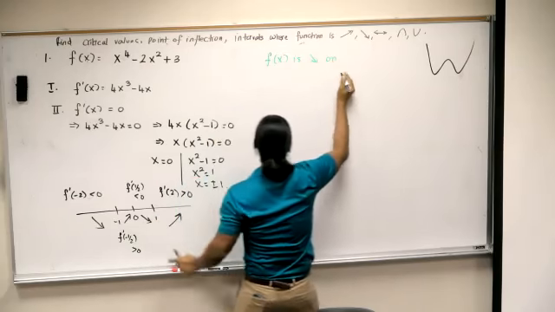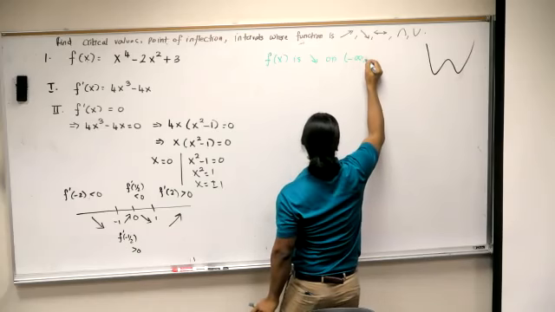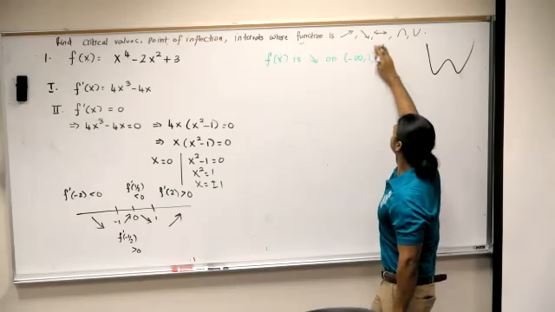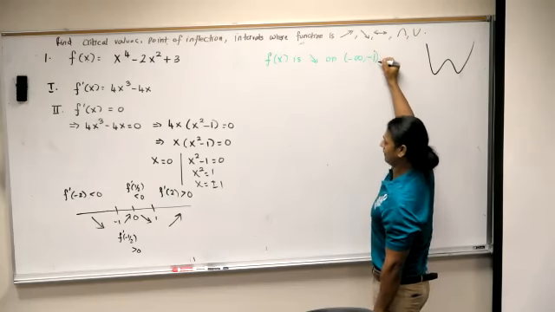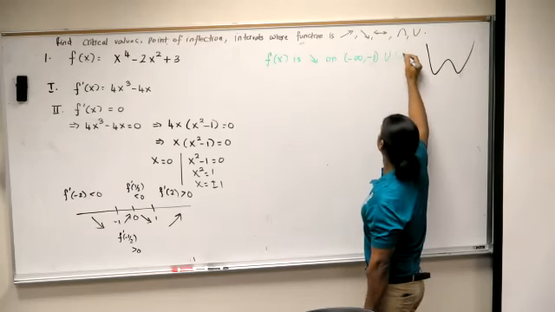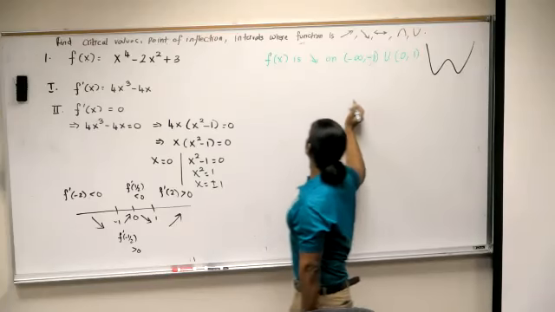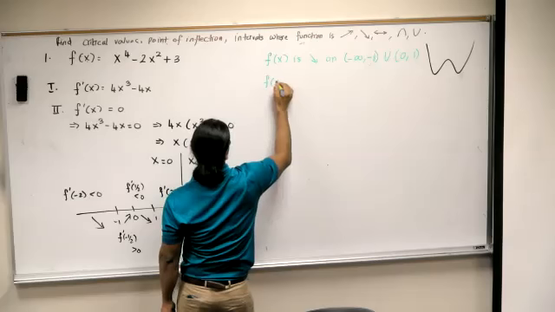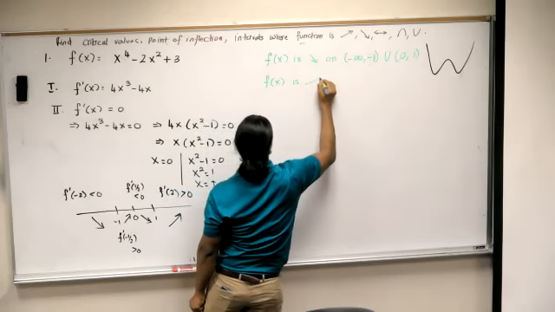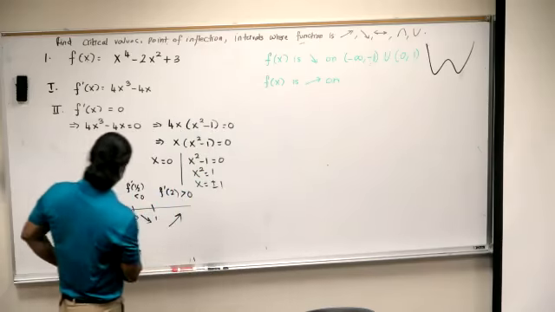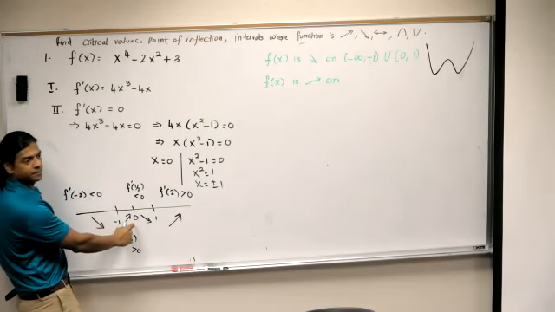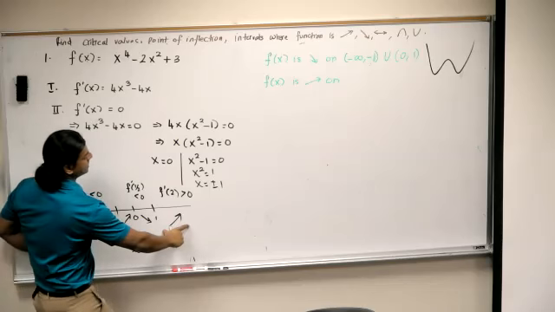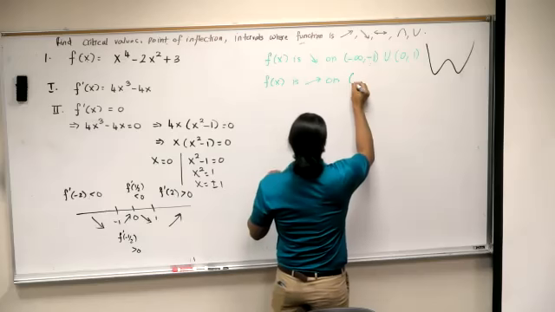So I want to combine the intervals, so how do I combine? What should I use? Union. The function is increasing on the intervals negative 1 to 0 and 1 to infinity.